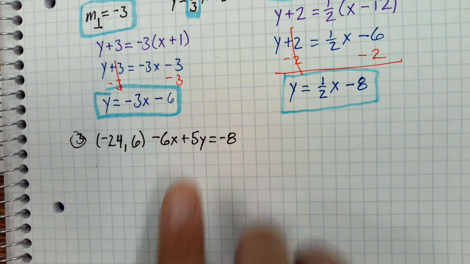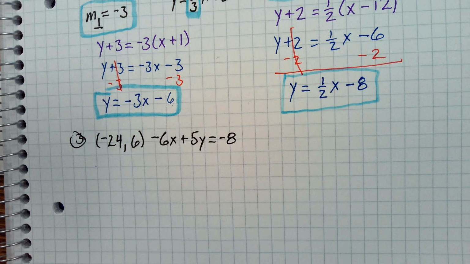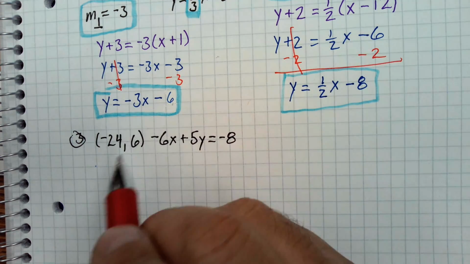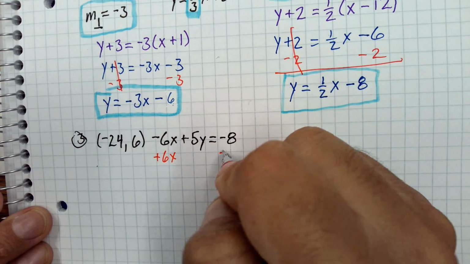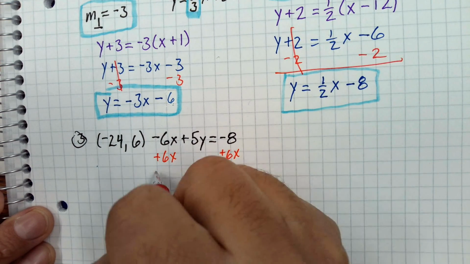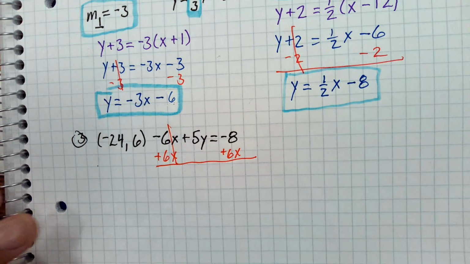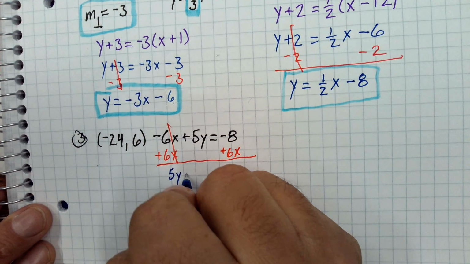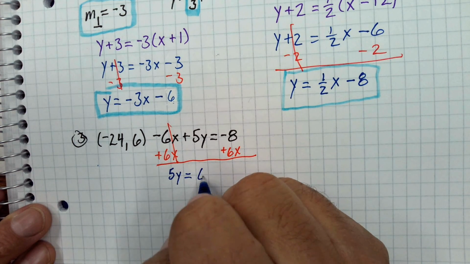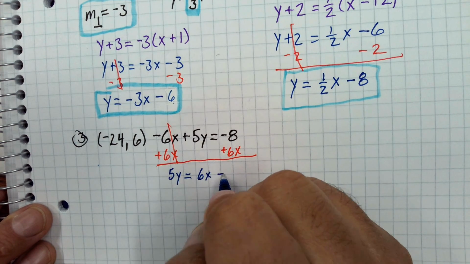So let's figure out the slope for this one by putting it into slope intercept. Plus 6x, 5y is 6x minus 8.